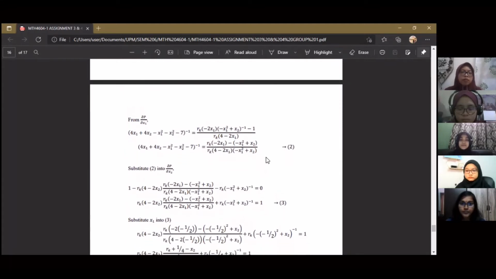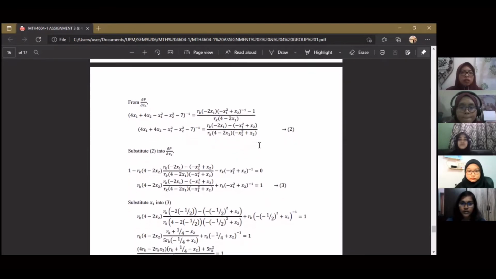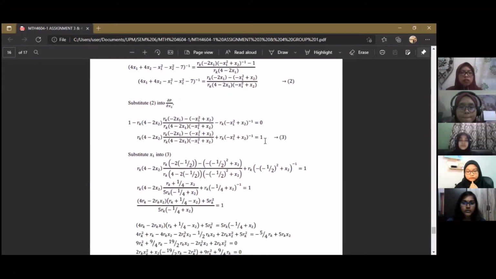So we take the (negative x1 square plus x2) power of negative 1, we make it in the denominator, so we get power of 1 at the denominator. Next, substitute. So we get the equation number 2.